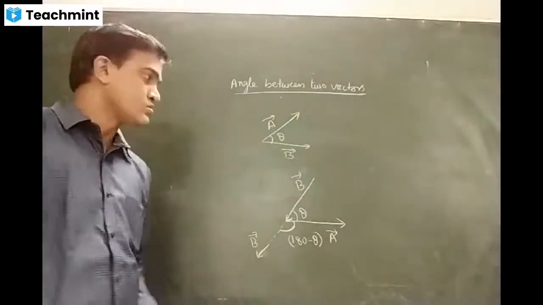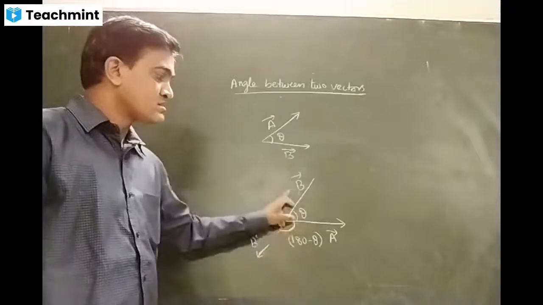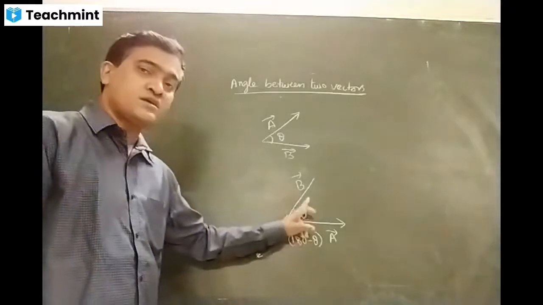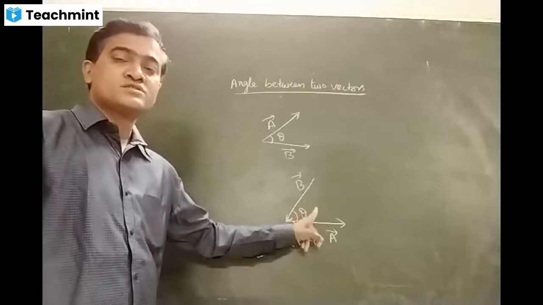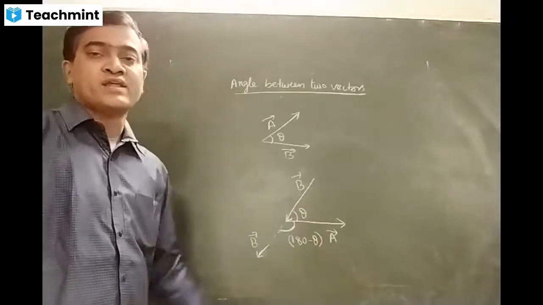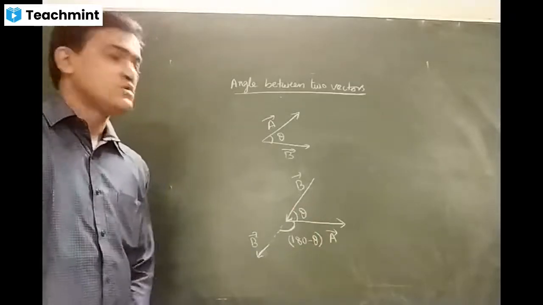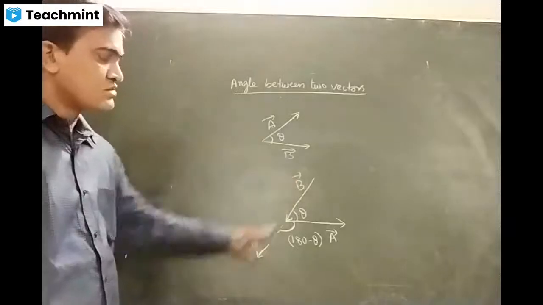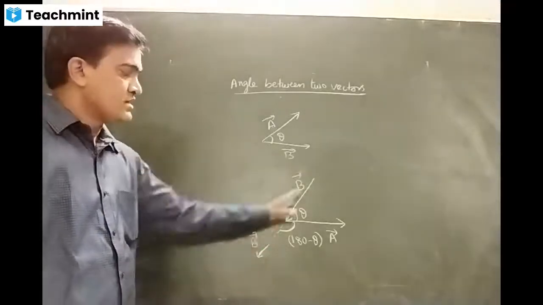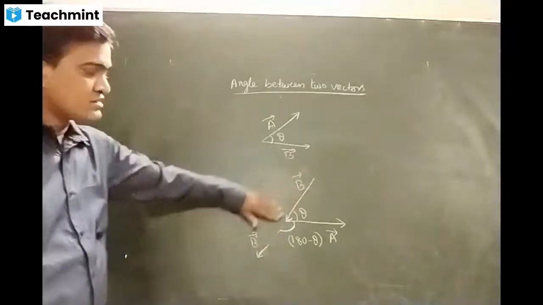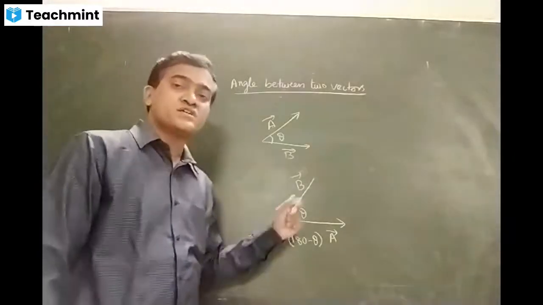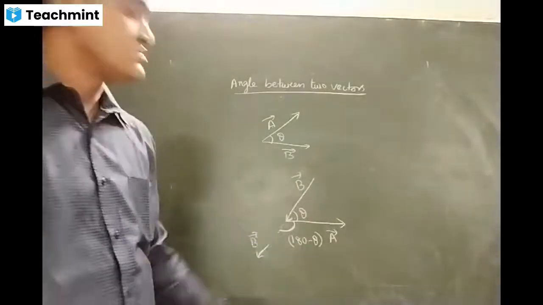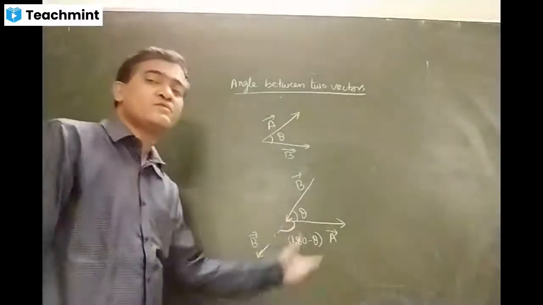Now whenever two vectors are given in such a way that theta is given at this place, don't say theta is the angle between A bar and B bar. So what you have to do, you extend one of the lines or just move the vector B bar such that the tail of the second vector coincides with the tail of the first vector, then that angle gives the angle between two vectors.